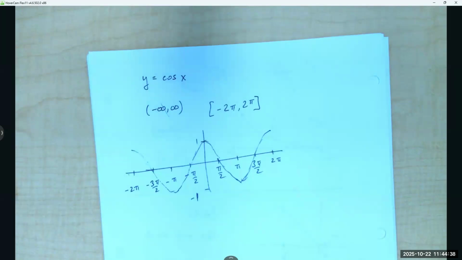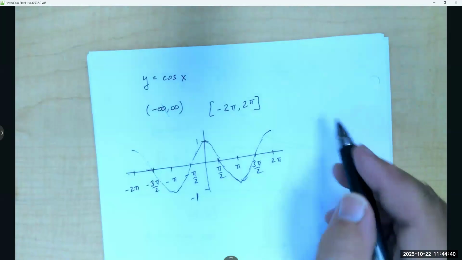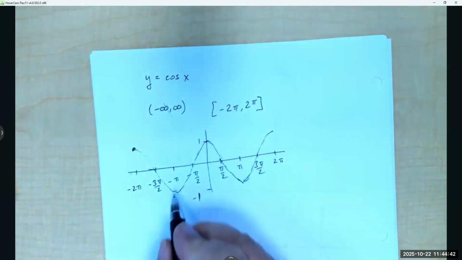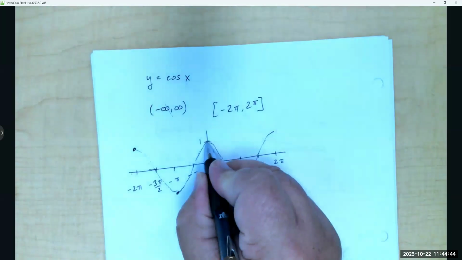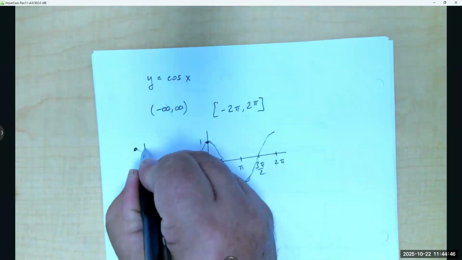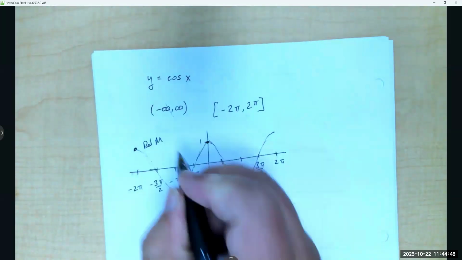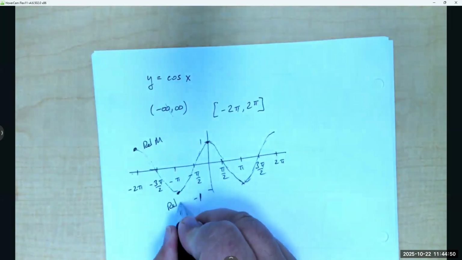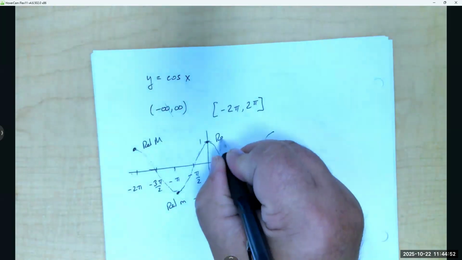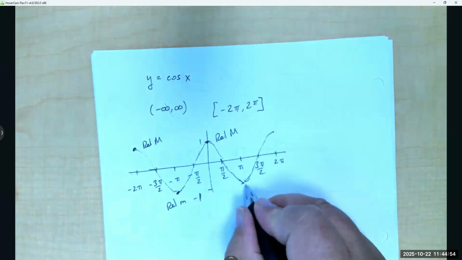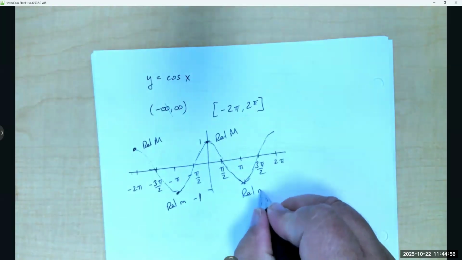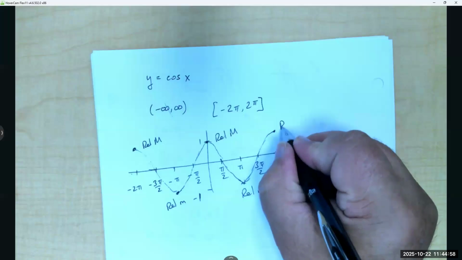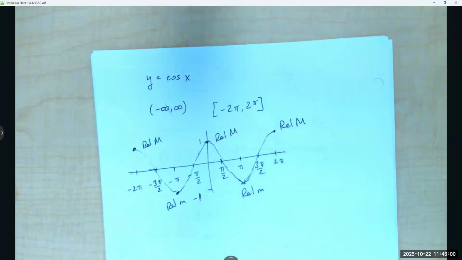No. But this point here, this point here, this point here, we have relative maxima and minima.